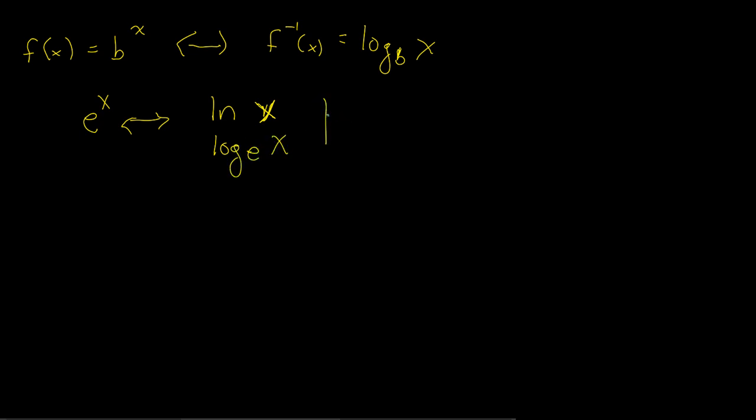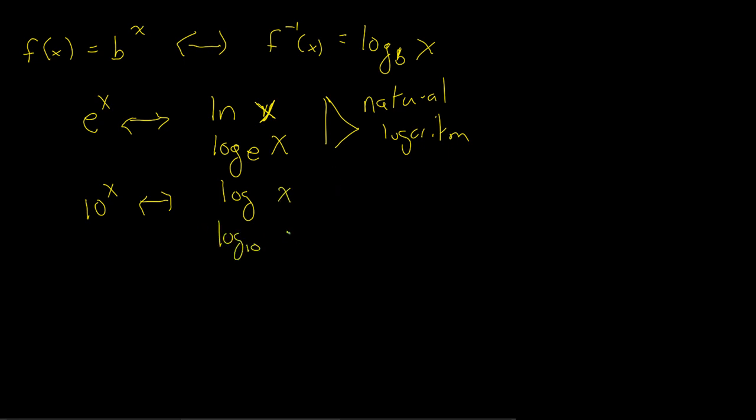And this is called the natural logarithm. And then 10 to the x is log with no base written. And underneath the hood, that's log base 10 of x. And that's called the common logarithm.